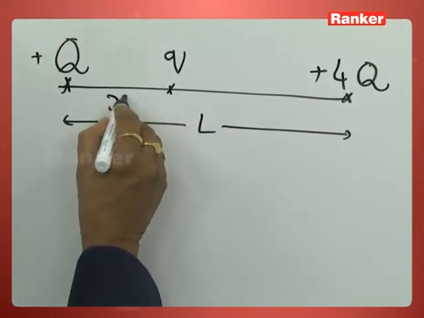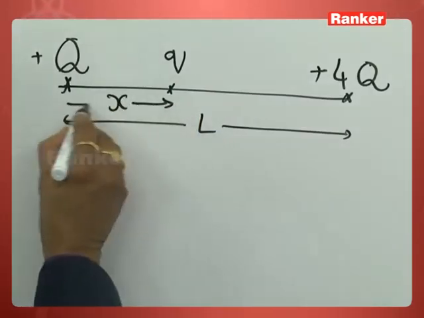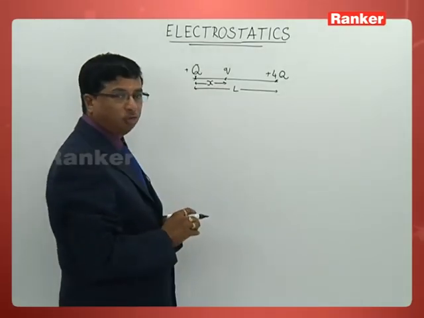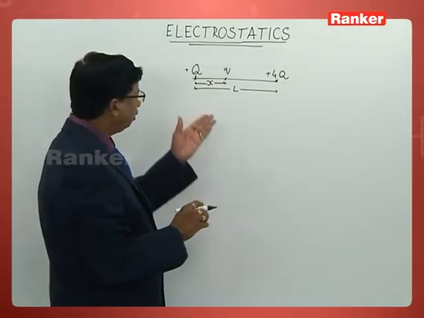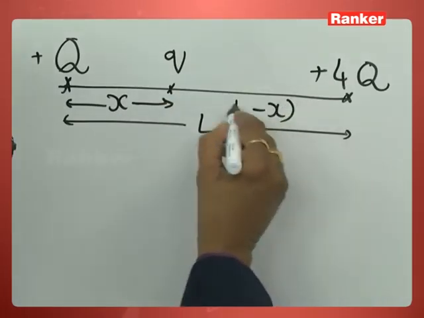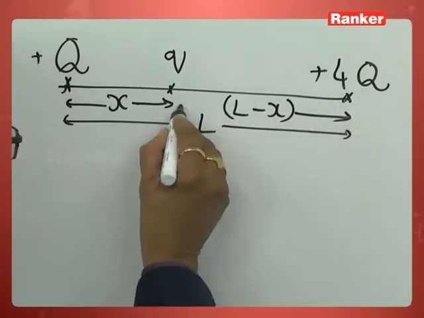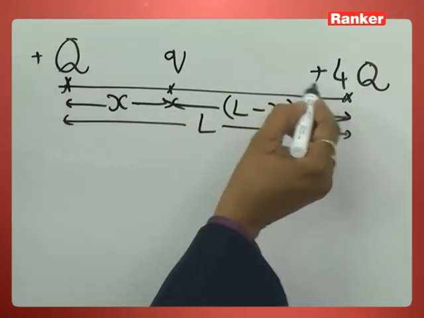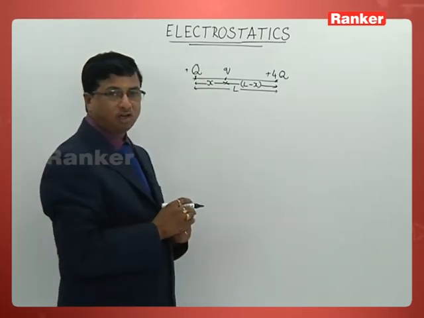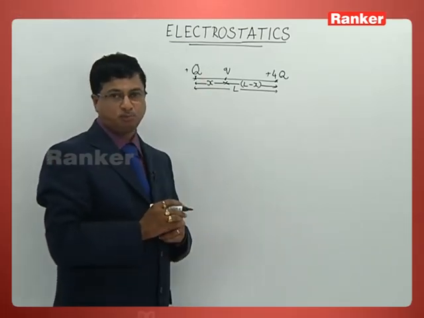When I consider x is the distance to the point charge q from the capital Q charge, then automatically you can understand L minus x now becomes the remaining distance between the plus 4q charge and this point charge taken as plus q.